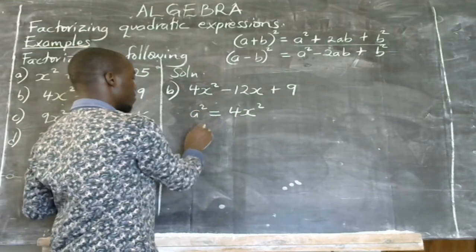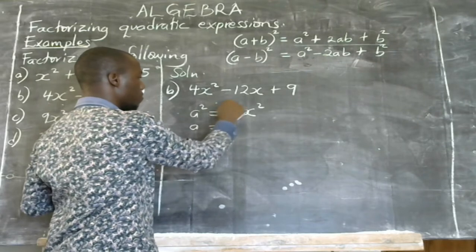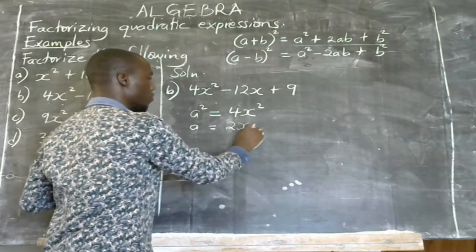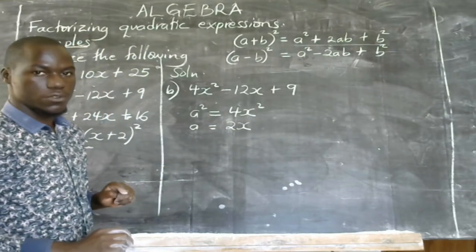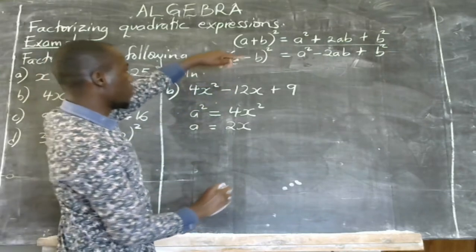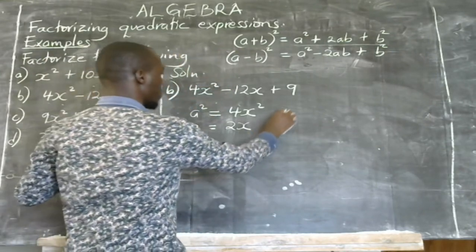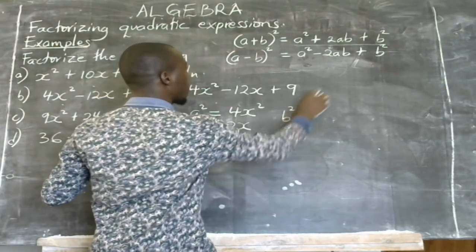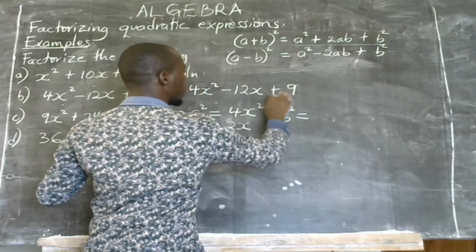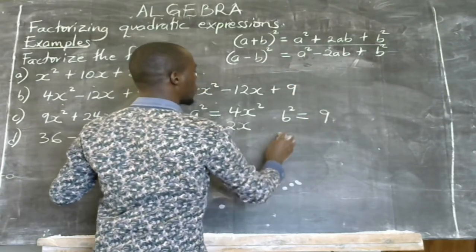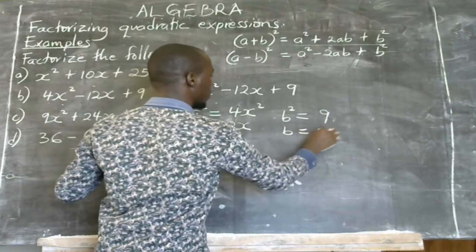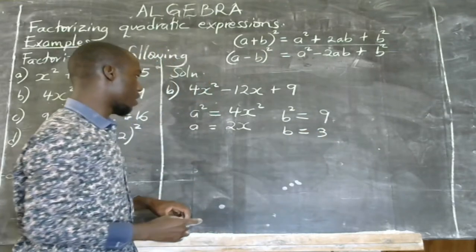So that means that my A alone, when you take root both sides, is going to be equal to the 2x. Then when you look at the B squared there, it is equal to the positive 9 here. So the B alone is a 3 there.